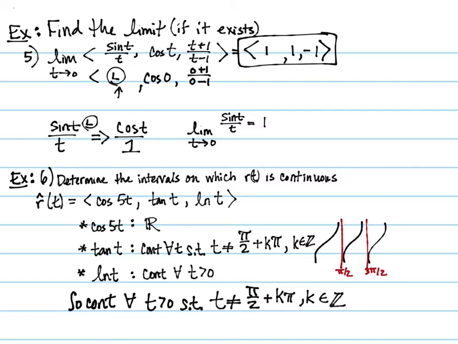Okay? And that's exactly what we would have done with domain if we had had the opportunity to have 3 different functions that might have overlapping or non-overlapping intervals of things we could use.